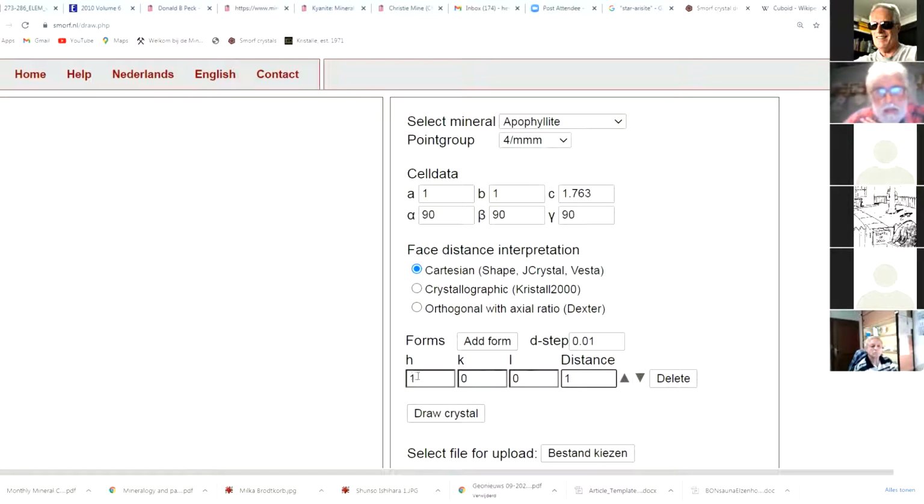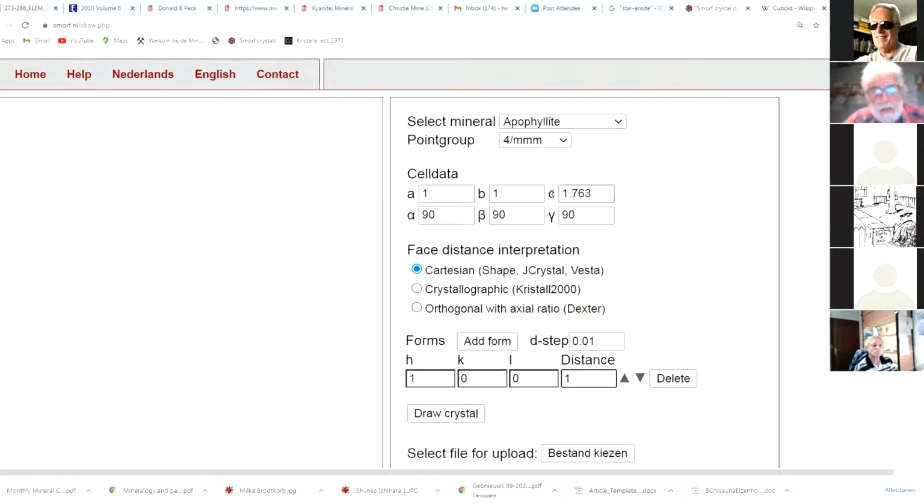So that means, well, if we look at the cell data, you have here the distance on A is 1, the distance on B is 1, the distance on C is 1.763.